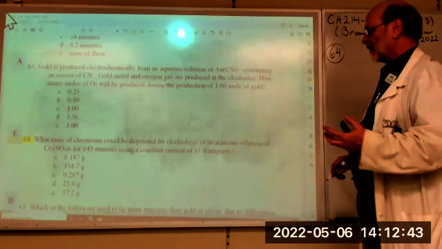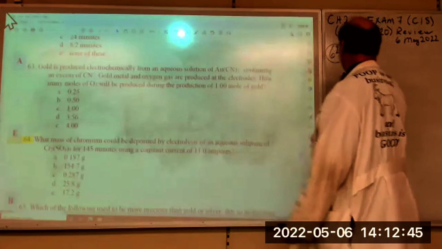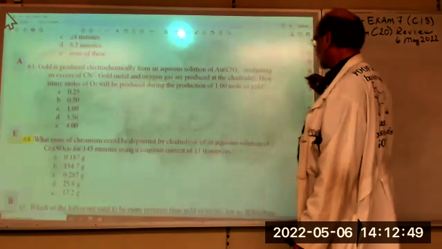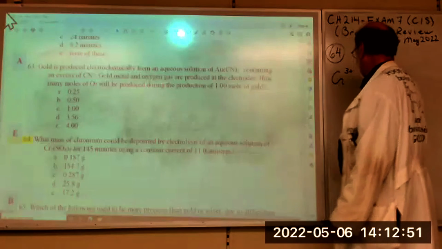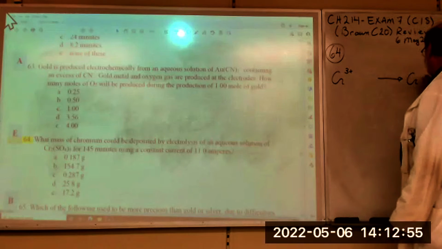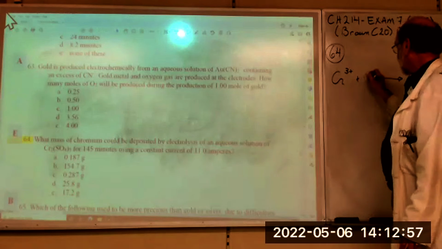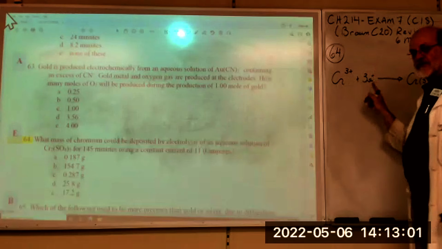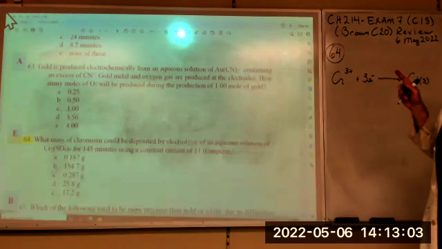We only care about the chromium. So what's the charge on the chromium? Looks like it's a 3+. And that's going to chromium metal. So that means each one of these has to have 3 electrons. For every mole of chromium, 3 moles of electrons. Okay?